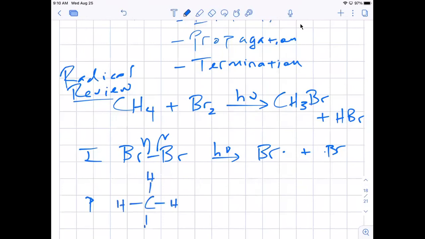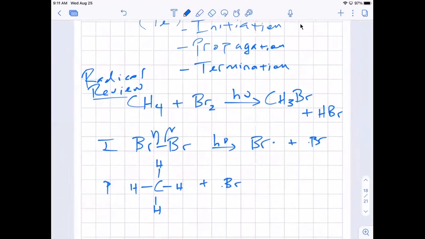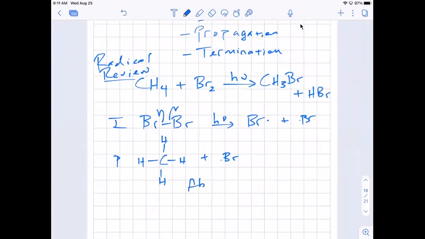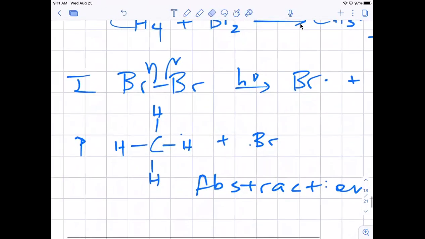It's going to remove them through a process called abstraction. You're going to cleave this bond like so.